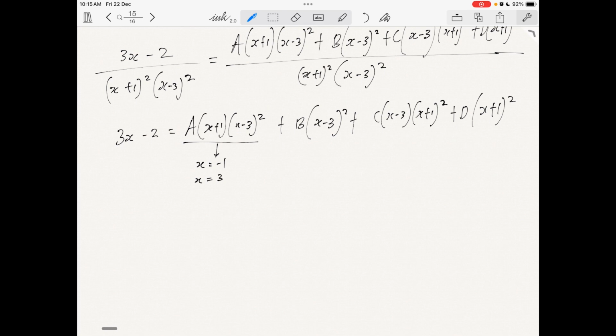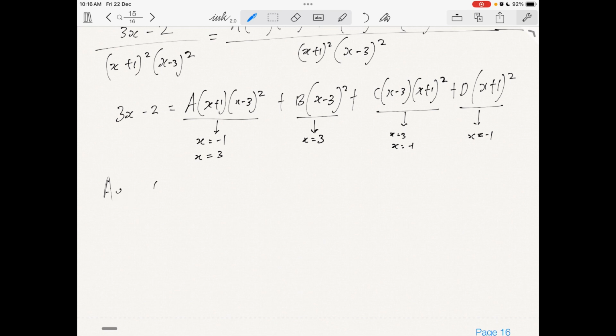This will make it 0, and here we can put x equal to 3 to make B 0, and here we can put x equal to 3 and x equal to -1 to make C 0, and here we can just put x equal to -1 to make D 0.